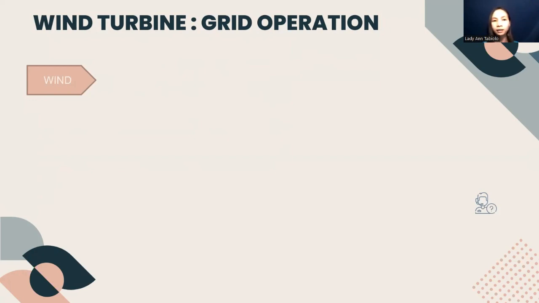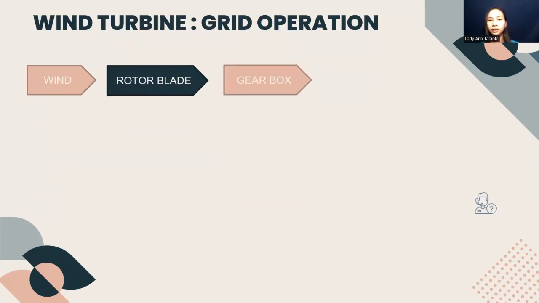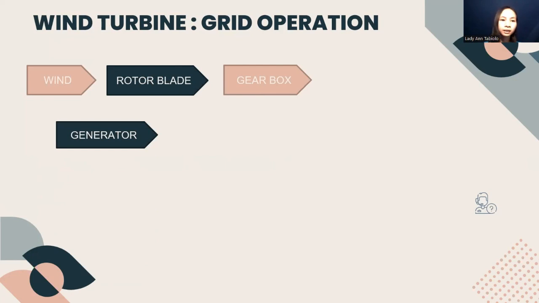And then kapag nangyari yon, humangin, syempre iikot yung rotor. And then from rotor blade, dediretso siya sa gearbox. Then pagdating naman dito sa gearbox is mas pabibilisin pa niya yung ikot niya na i-deliver sa generator. And then from generator, nakakapag-produce tayo ng electricity.